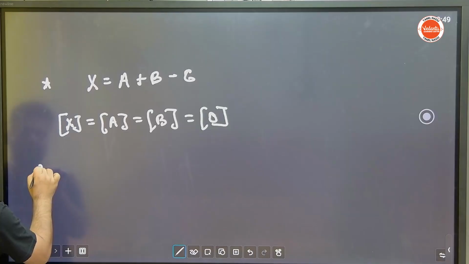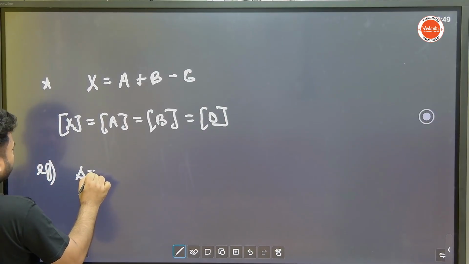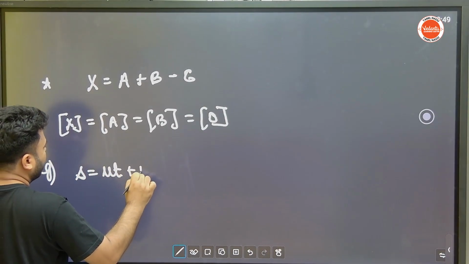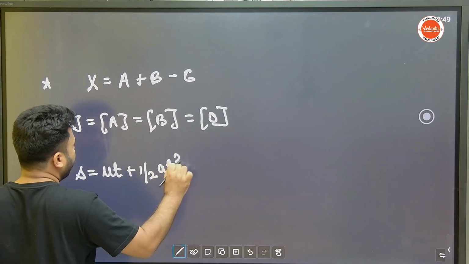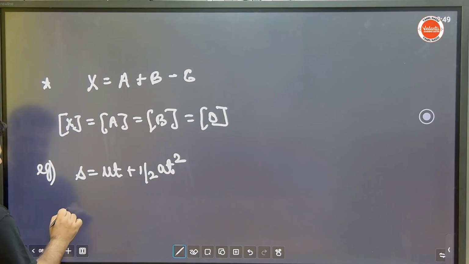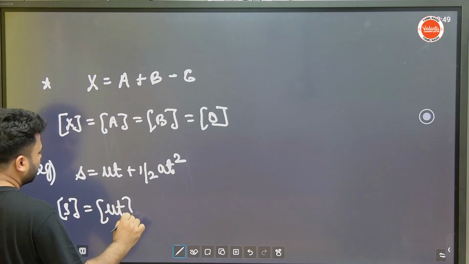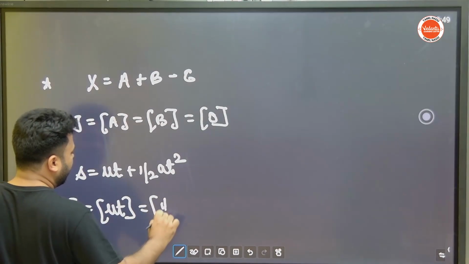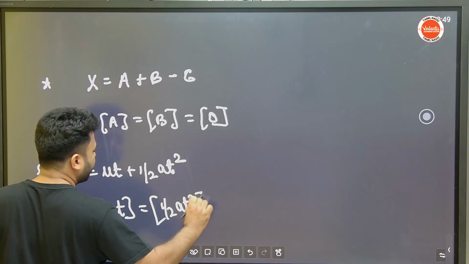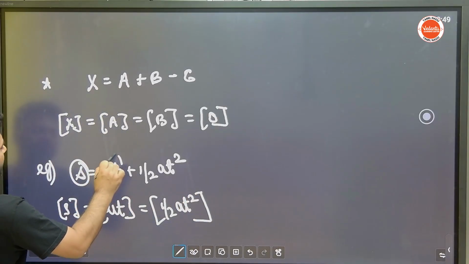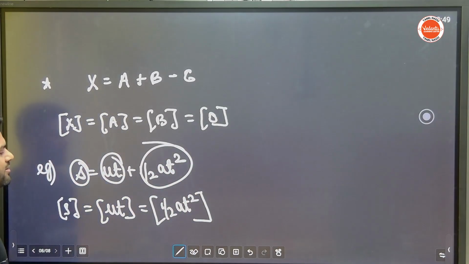For example, s equals to ut plus half at square. So dimension of s will be equals to dimension of ut, will be equals to dimension of half at square. All these three terms will have the same dimension.